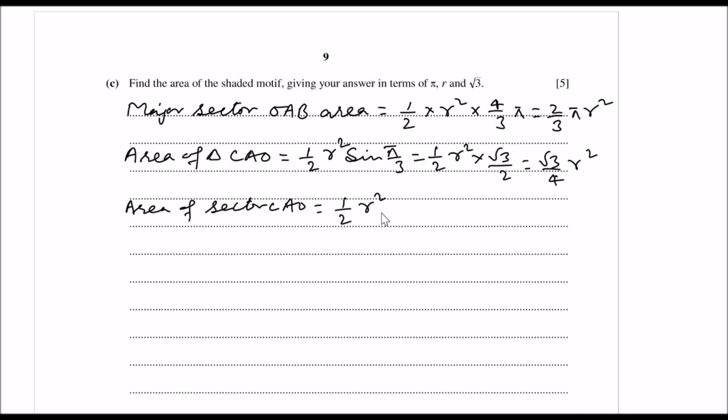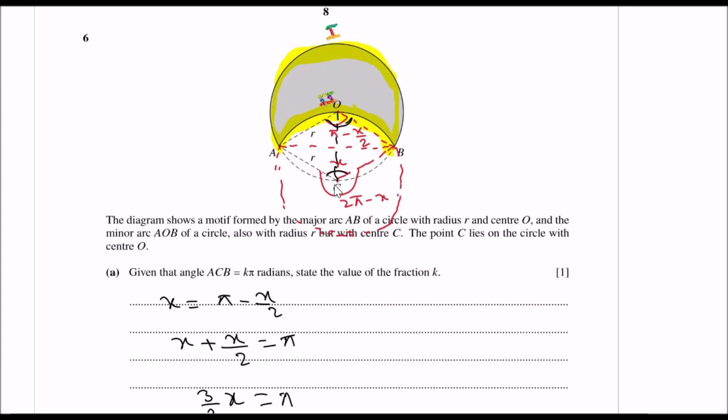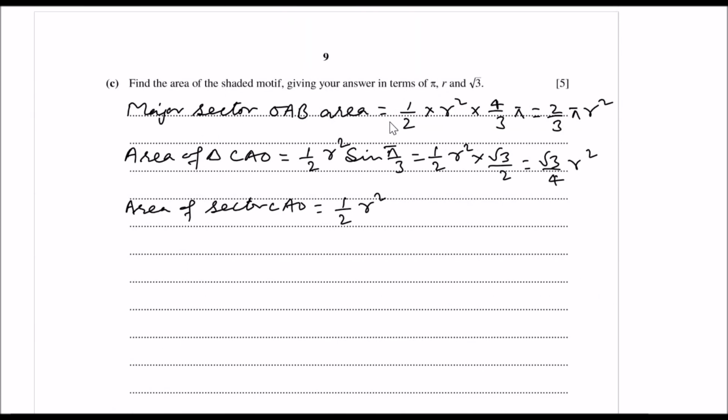Theta is pi by 3. Here we can see the angle is 2 by 3 pi, so 2 by 3 pi, half will be pi by 3, right? So that gives us pi by 6 r square.